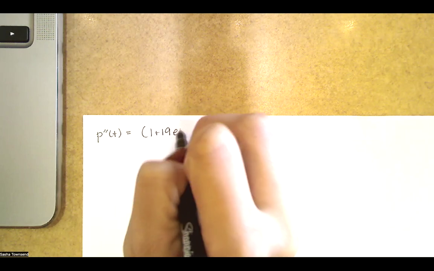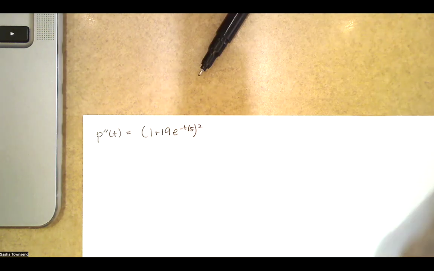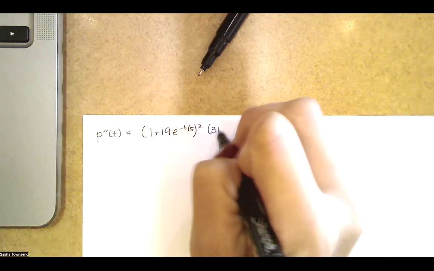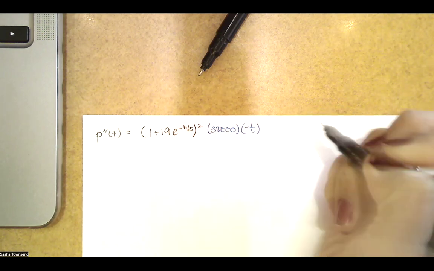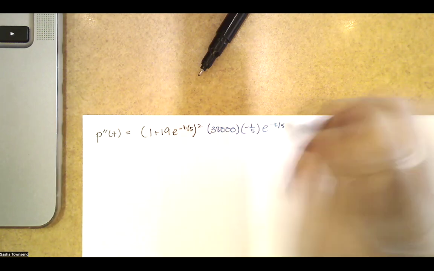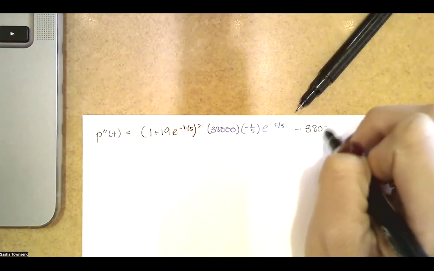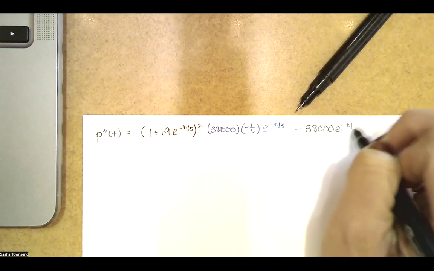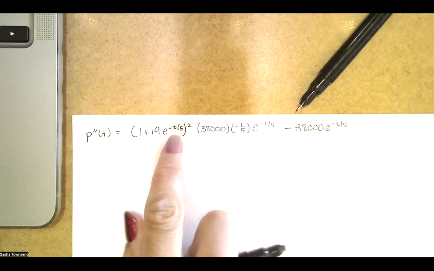So we have p double prime of t is this low d high minus high d low, where high is our top function.